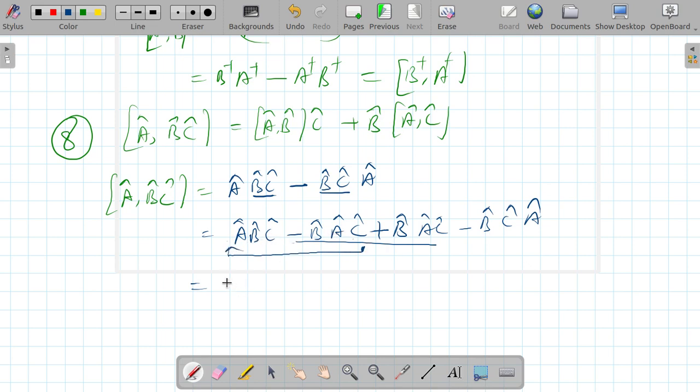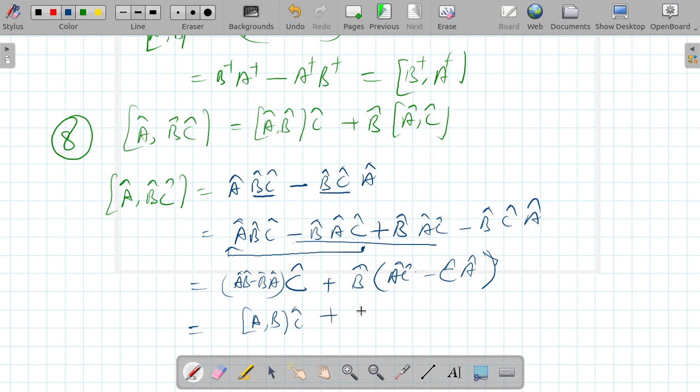From these two terms C can be taken outside, and since they are matrices, it can be taken to this side. So it is (AB minus BA) C. Similarly, I can take B from here, so it is B (AC minus CA). So I can express it as [A, B]C plus B[A, C]. Hence I can prove it.